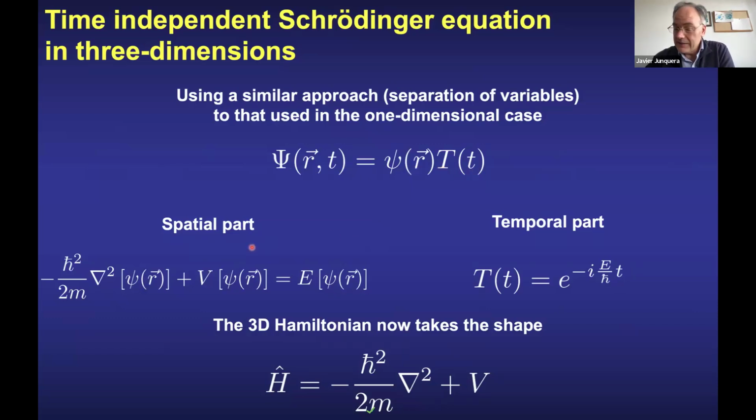Doing this in the same way as before, I will not repeat the reasoning, we arrive at a solution for the temporal part that is the same as before, with this oscillatory behavior with time. And for the spatial solution, we have this 3-dimensional analogue of the spatial equation of the 1-dimensional case described before. And as before, we can write it in the shape of an eigenvalue problem, considering this Hamiltonian.